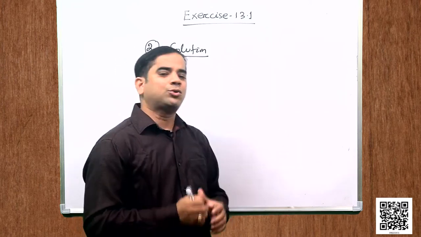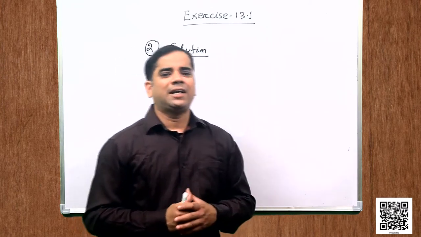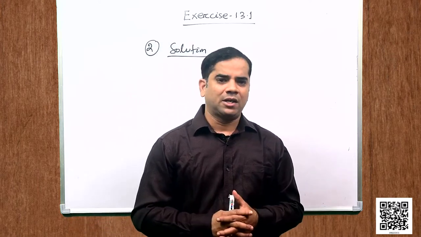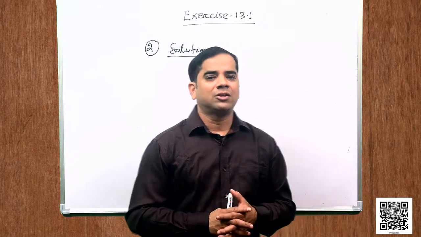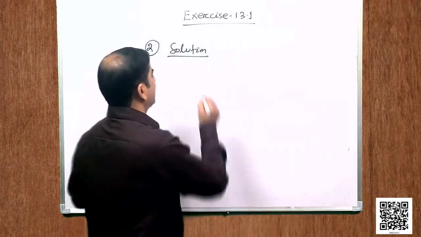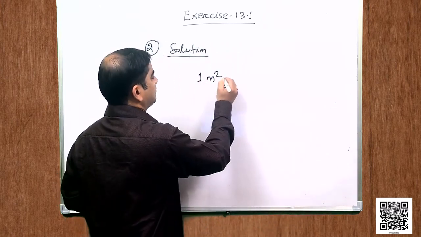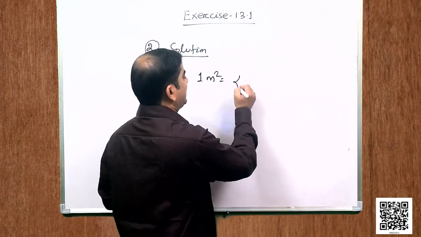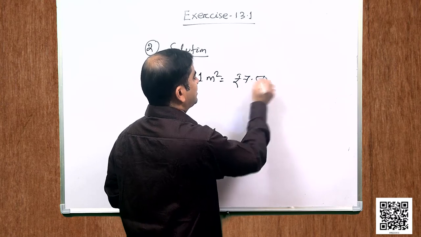Now students, we have found out that 74 meter square of area is to be whitewashed. Now we need to find out the cost. So cost of whitewashing is, for 1 meter square, as it is given in the question, rupees 7.50.